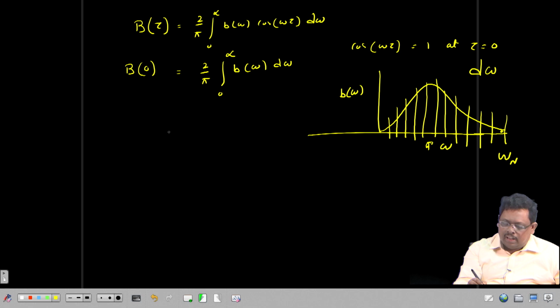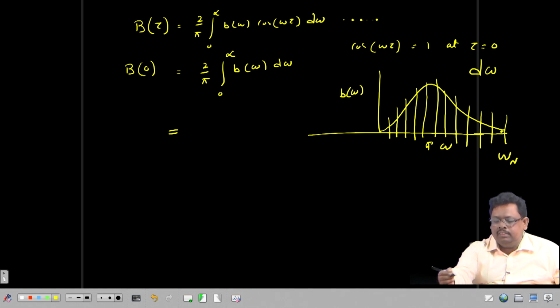So, I can modify this equation. Let me give numbers to these equations; with continuation, we can keep it as equation number 4, and then equation number 5.